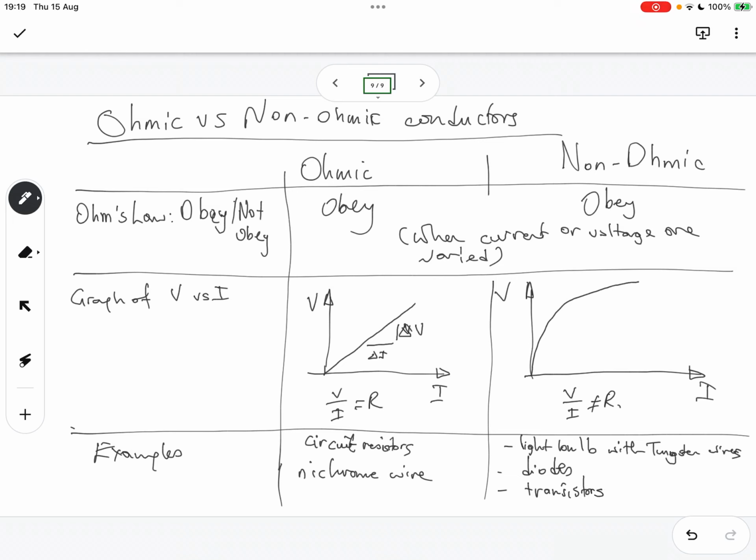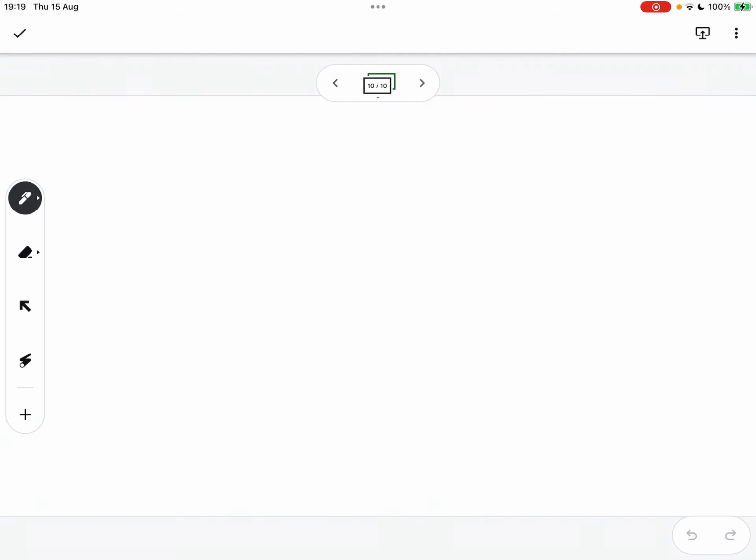Diodes and transistors are really the basis of many electronic components, including phones, laptops or computers, etc. But when you decide to study electronic engineering, you will learn more about those.